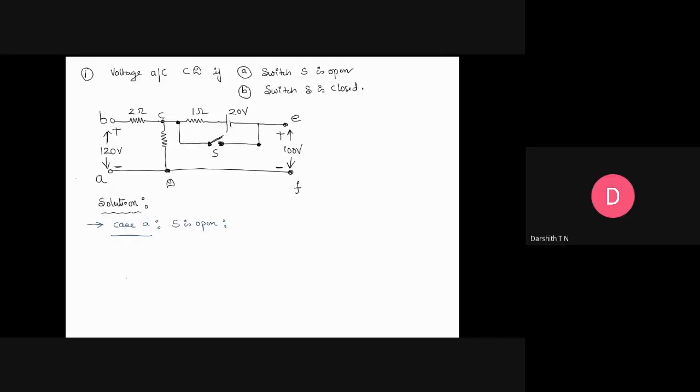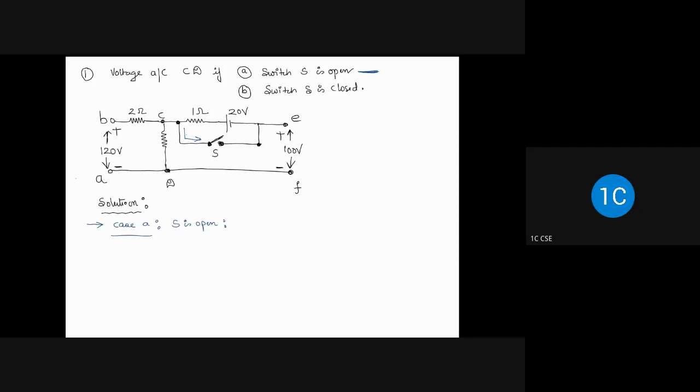When you open the switch, I will handle case A with blue color, and case B with a different color.